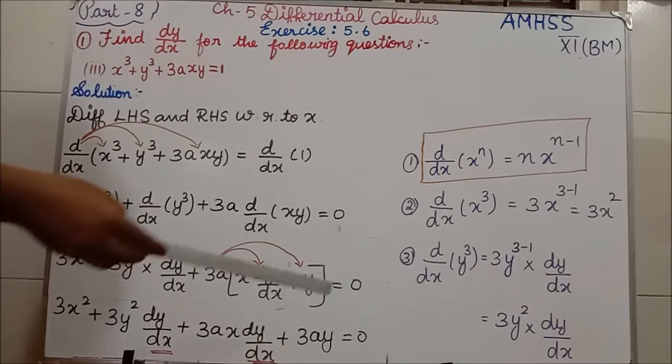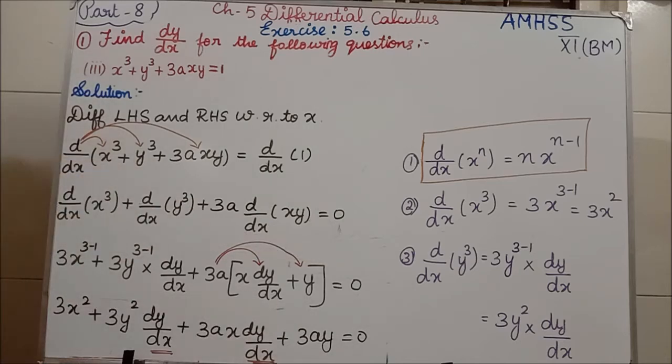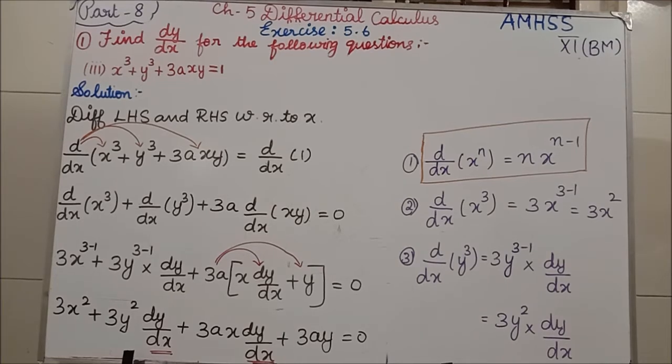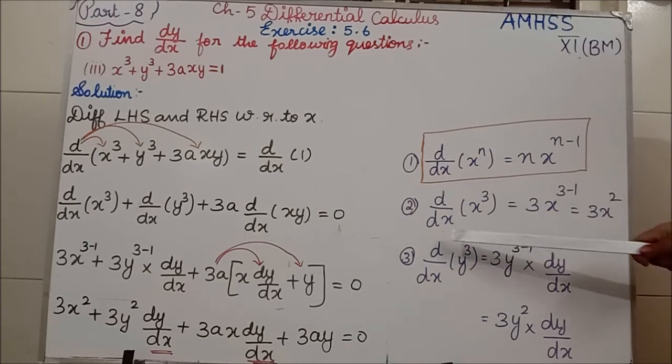Clear students? Similarly, see the third one, d by dx of y cube. If you differentiate, we are writing 3, which comes from 3y power 3 minus 1. Students, I have told the definition itself.